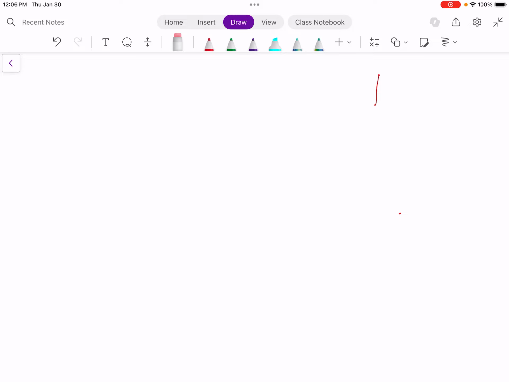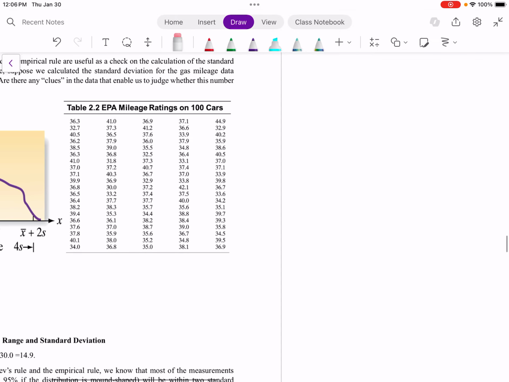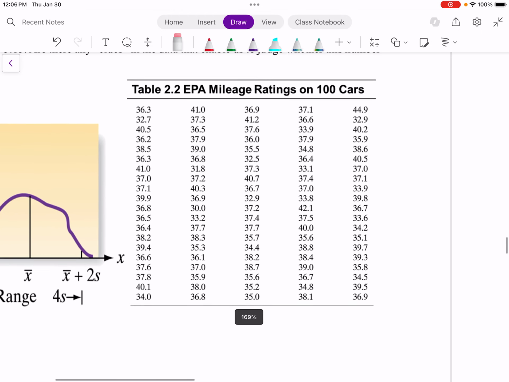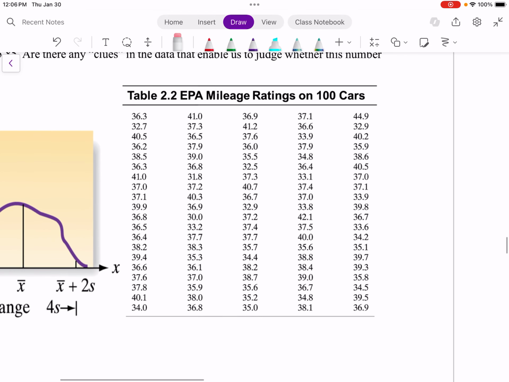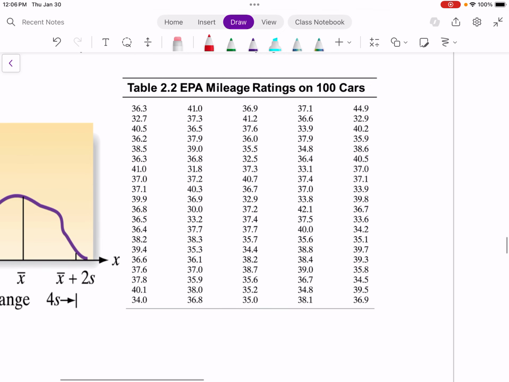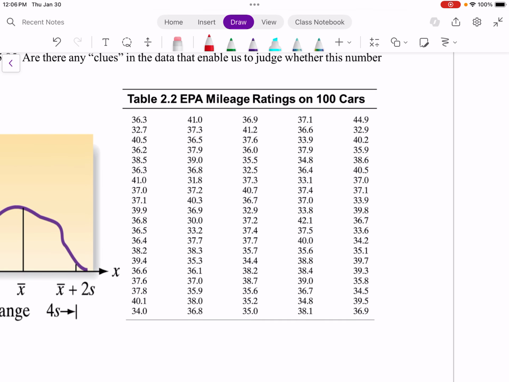Now in this section, we are using mean and standard deviation to describe our data set. Here we have 100 measurements, each measurement is the mileage rating for a car. To describe this data set using mean and standard deviation, we are using a class interval.